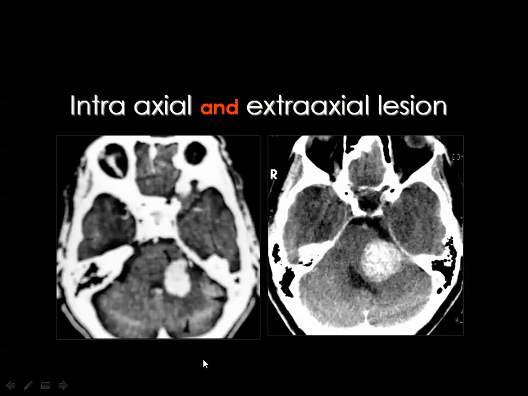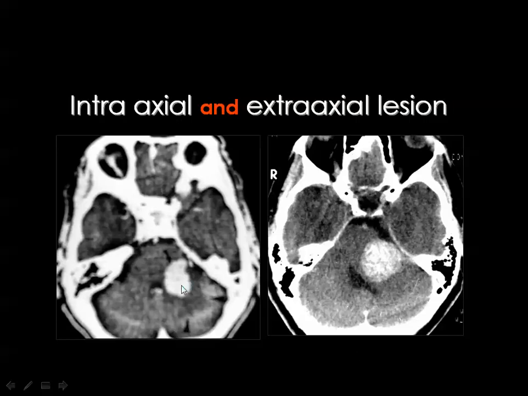Actually, in order to deal with a cerebellopontine angle lesion, we have to discriminate between intraaxial tumors occurring inside the brain parenchyma, particularly in the middle cerebellar peduncle, and extraaxial lesions occurring outside the brain parenchyma in the cerebellopontine angle system. And most of the tumors are extraaxial, and some of the lesions are intraaxial.